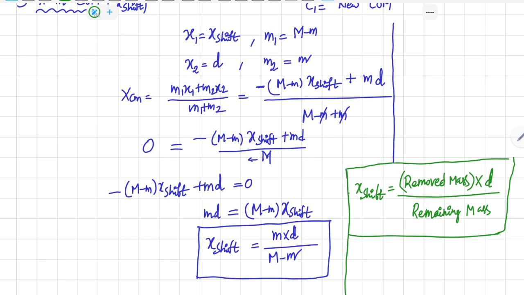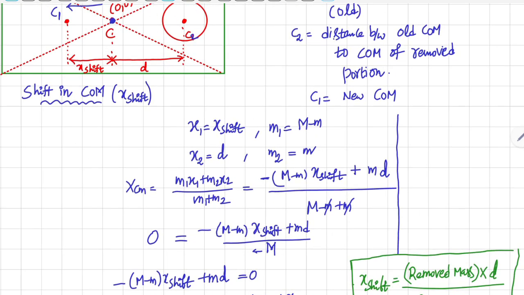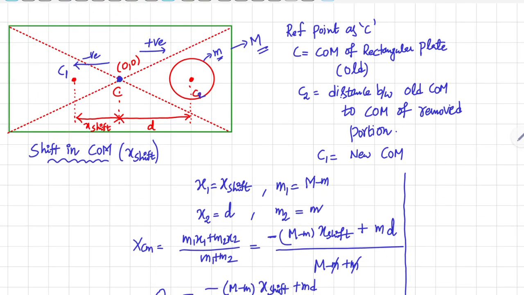I hope this video gave you a clear understanding of how to derive the expression for shift in center of mass. Here x shift is negative, which we need to keep in mind, because the origin is considered as the reference point and the left side is negative. Therefore x shift must be negative, but not in all situations.